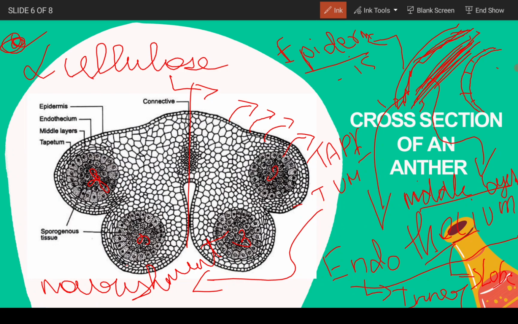Epidermis, endothecium, middle layers, and then comes the tapetum. Tapetum acts like a mother layer. This may be a mnemonic for remembering. We always refer to moms as taking care of us, nourishing us, taking extreme care of us. So I always assign tapetum to mother, since moms nourish their children.